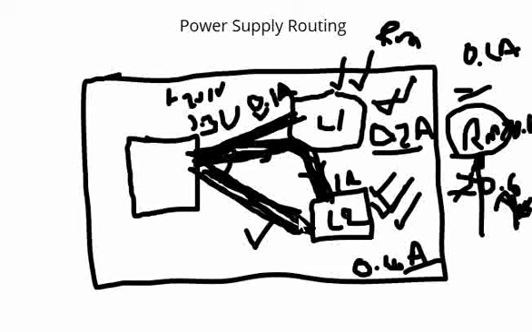Also, technically, you need not waste the amount of copper that needs to be routed if the loads are of different current values. One having a very high current value and one having a very low current value, you need not route a thicker copper trace to L1.